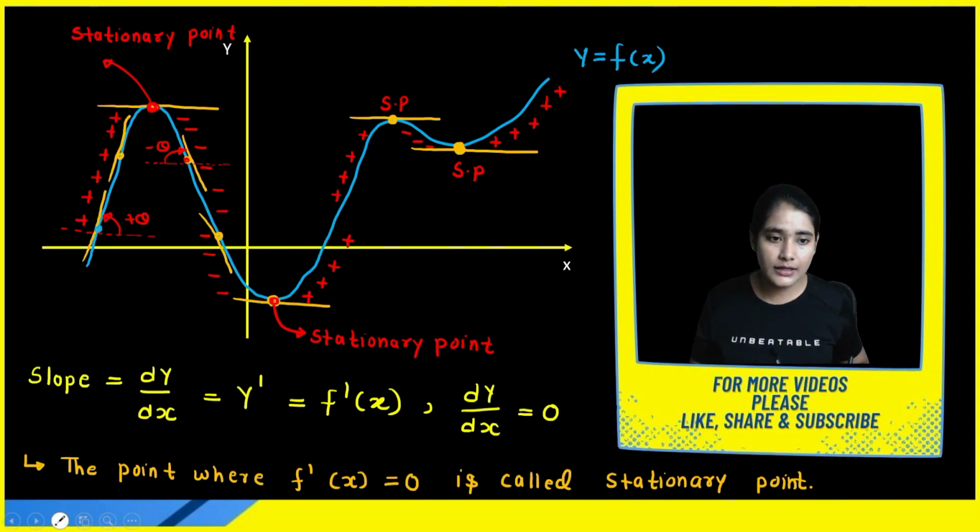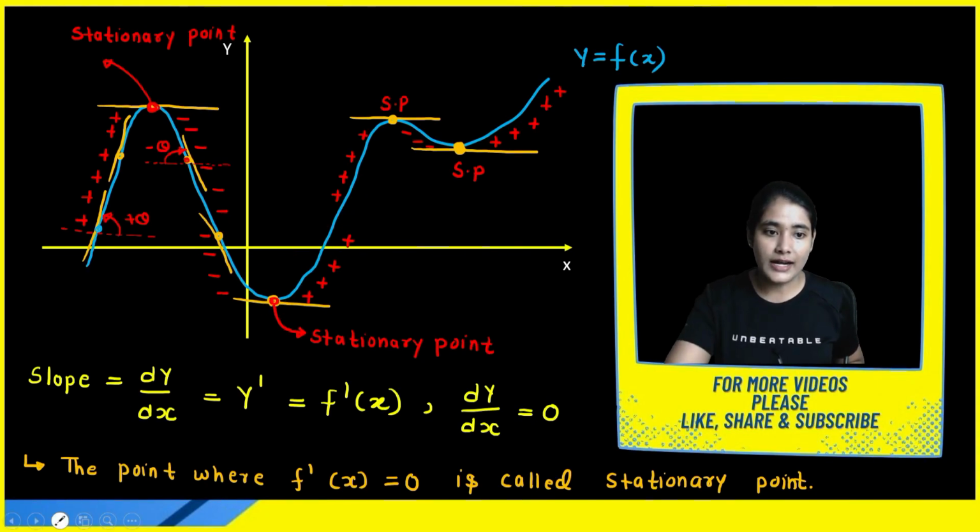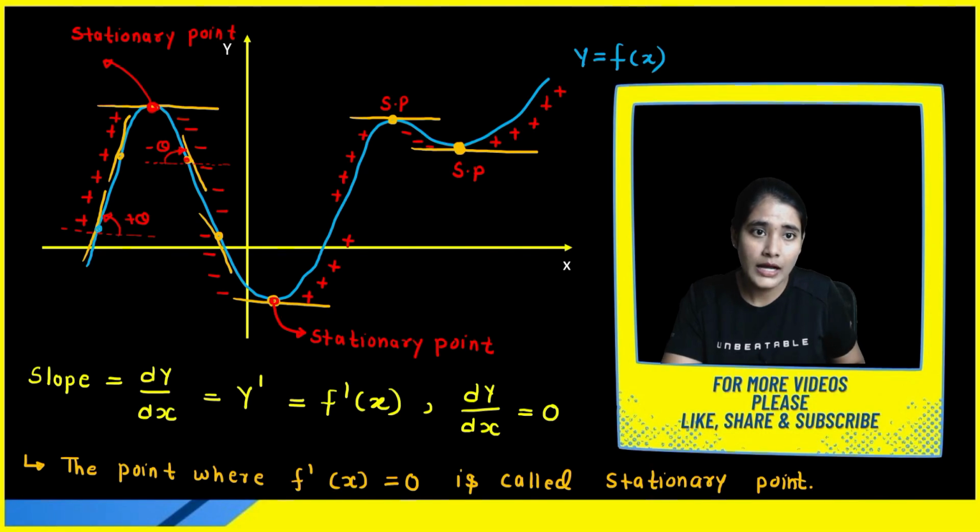Okay, so if you are observing the sign convention, your slope is positive, 0, then negative. Your slope signs are changing. Then negative, 0, then again positive. Okay, so try to understand, if I am going to represent the nature of the graph.